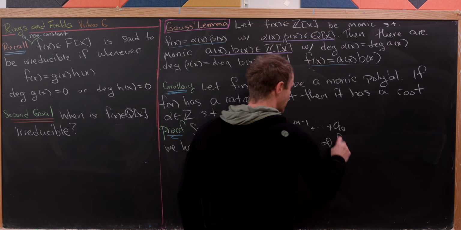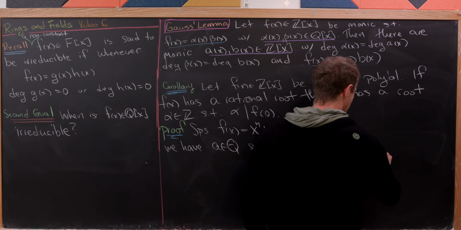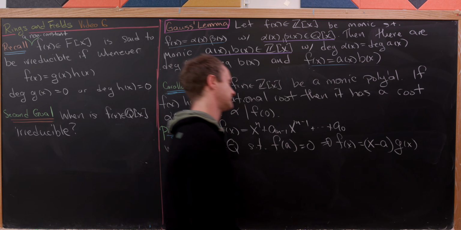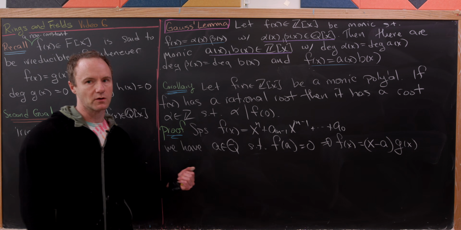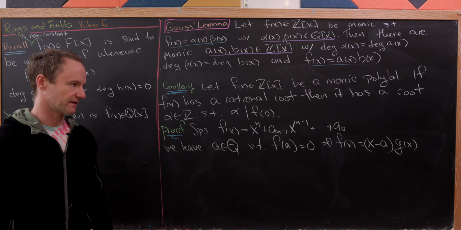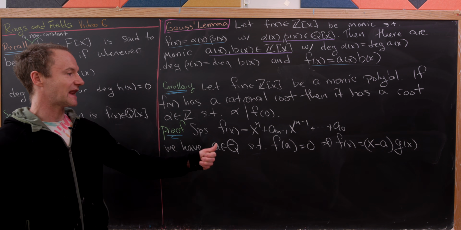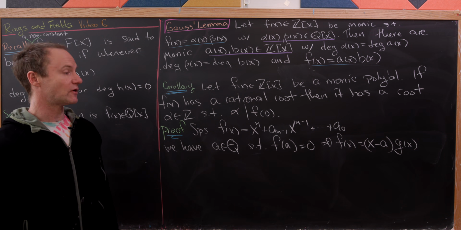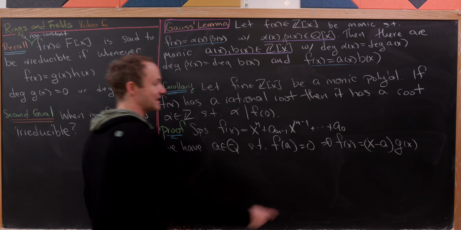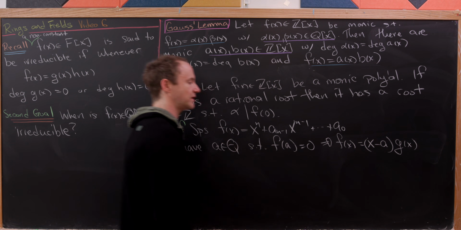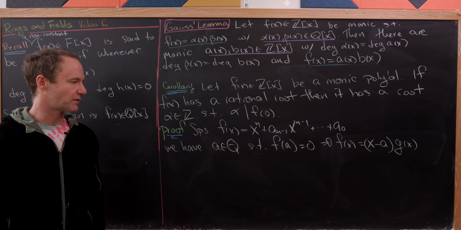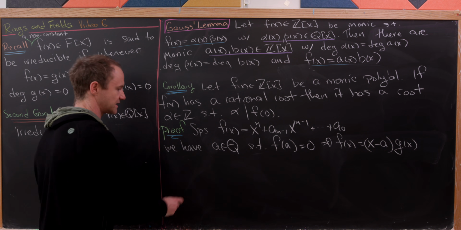But then that means that we can write f(x) as (x − a) times g(x). So if you've got a root of a polynomial, you can always write it like that. But notice that a is an element of the rational numbers. But what we can do is apply Gauss's lemma to take this monic polynomial which has a rational constant term and rewrite it as a monic polynomial with an integer constant term.